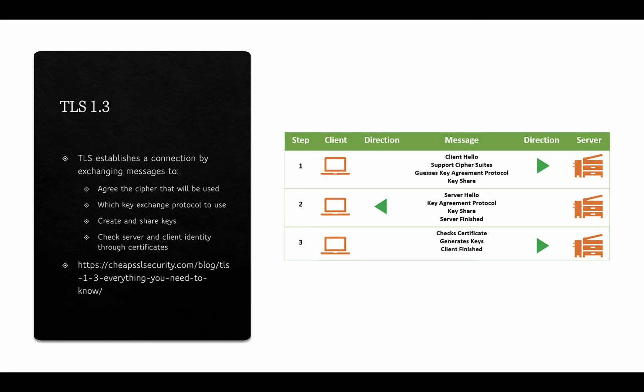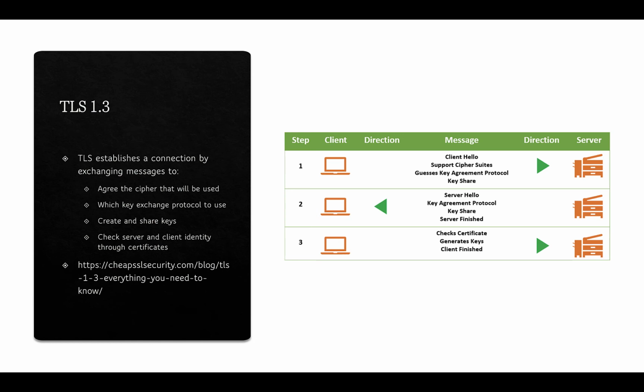So the client and the server agree which cipher suites they're going to use. The client will also say, okay, we're going to use this key agreement protocol. We talked about Diffie-Hellman before. There are a couple of other versions of that they can use, and they go through a key sharing process. The server replies saying, yep, agree on the protocol.